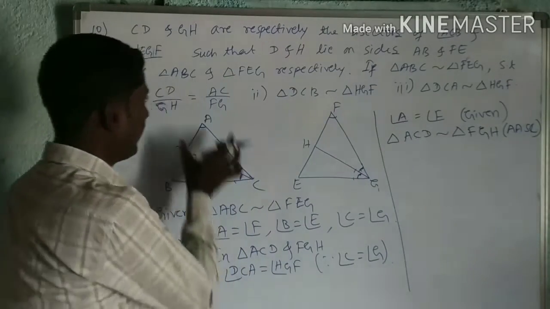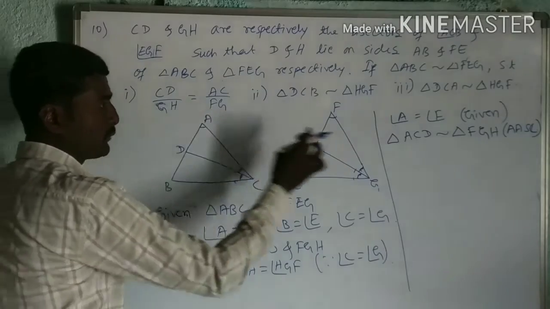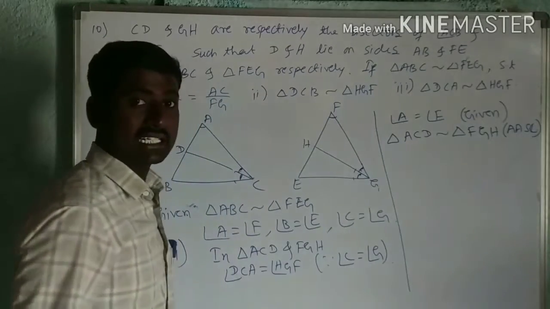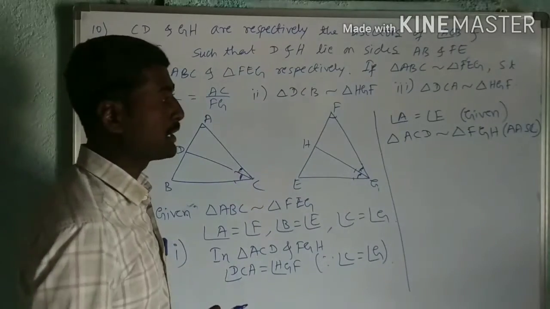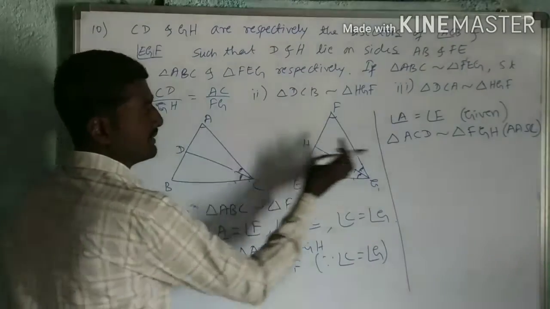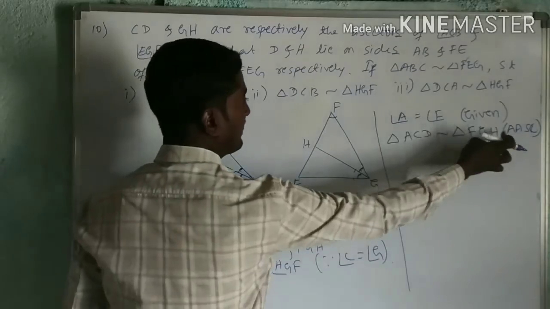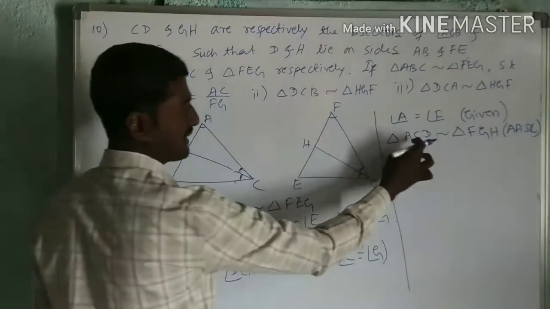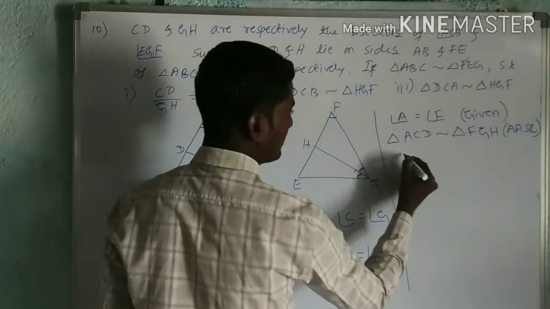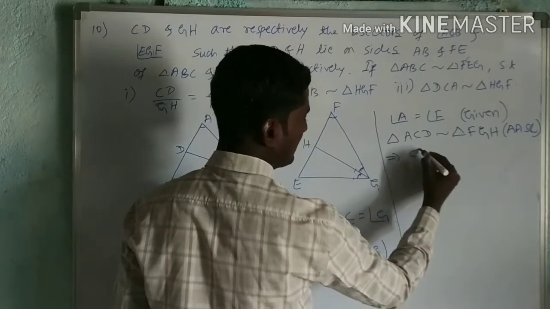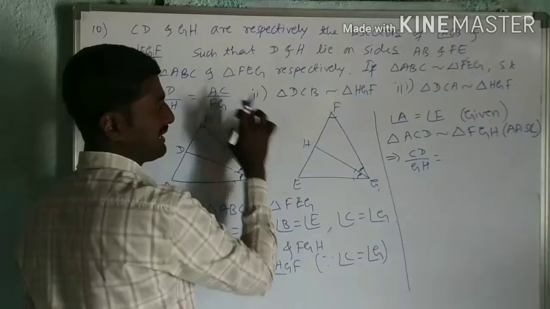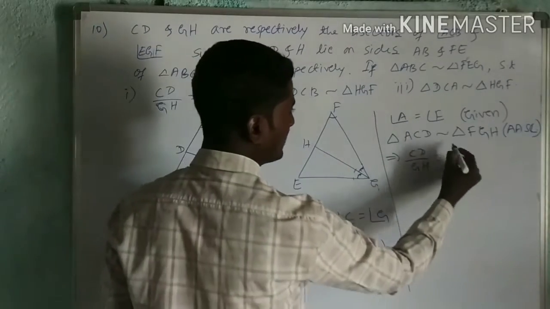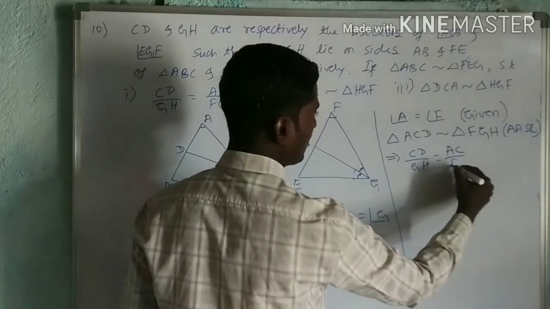Next, I want this one first. If two triangles are similar, then their corresponding angles are equal and their corresponding sides are in the same ratio. Means CD divided by GH, corresponding side CD, GH. So this implies CD divided by GH is equal to AC divided by FG.